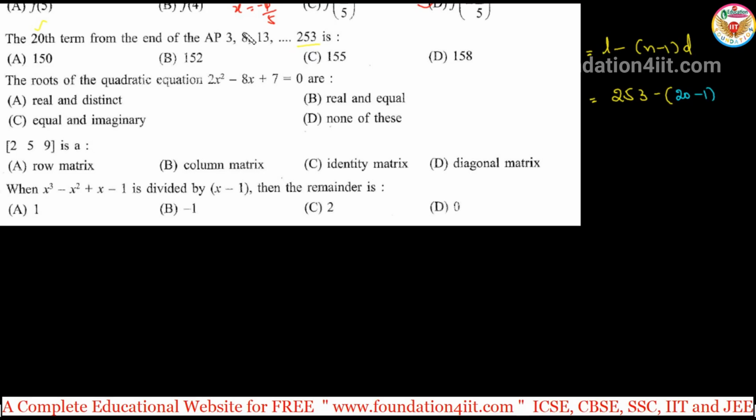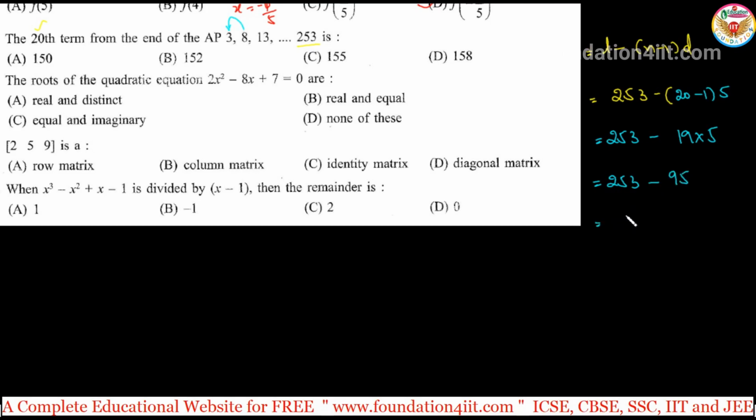The common difference is 8 minus 3, so 5 is the common difference. So 253 minus 19 into 5, that is 253 minus 95, which is 158. So option D, 158.